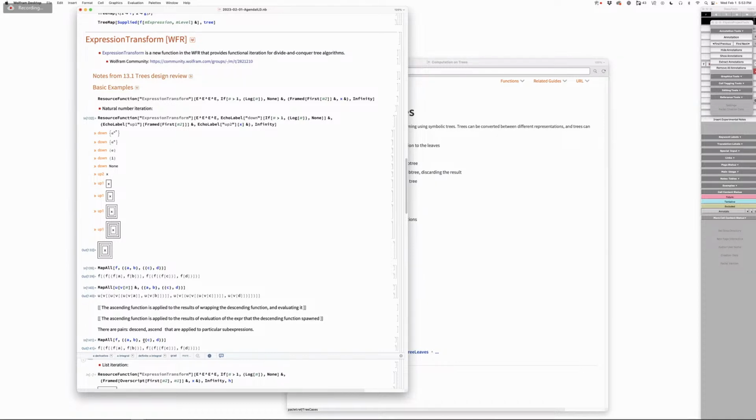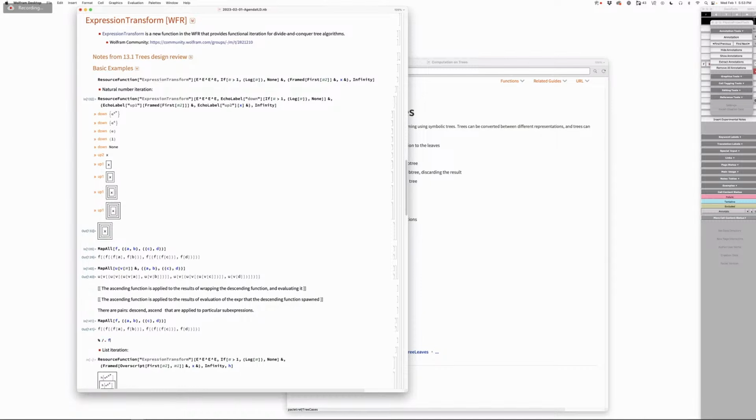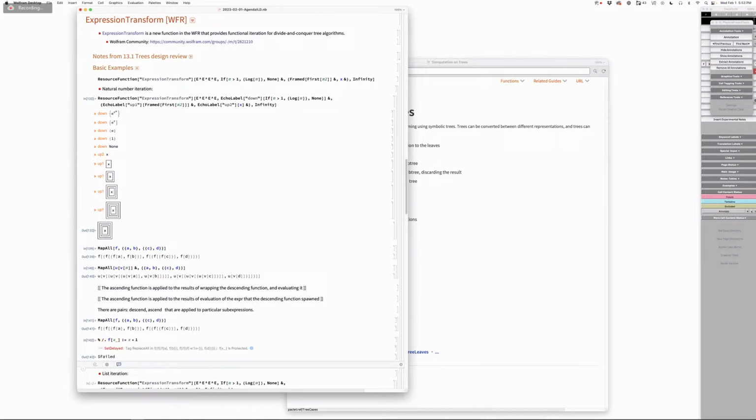Okay, so here's a way we could do this. If we said this, f of x blank goes to, I don't know what, x plus 1. Do you mean arrow? I certainly do.